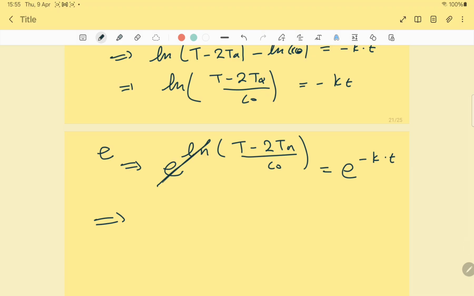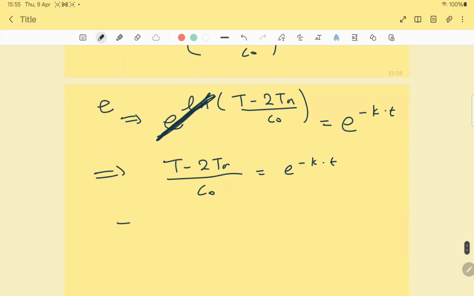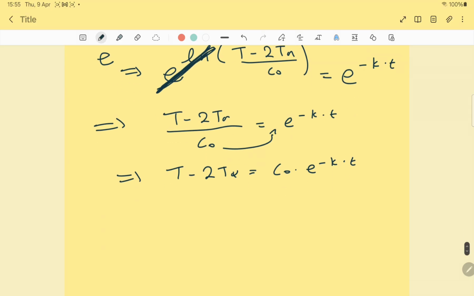The exponential and the natural logarithm undo each other, and we have T minus Ta over C0 equals e to the minus k times t. So T minus Ta is going to be C0 times e to the minus k times t. And that's what I wanted to show.